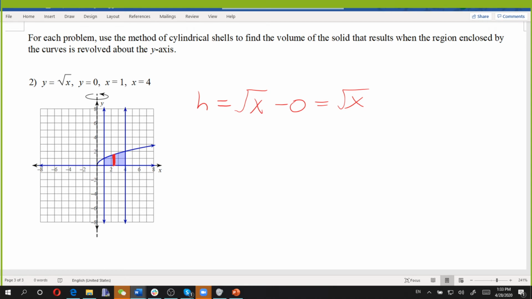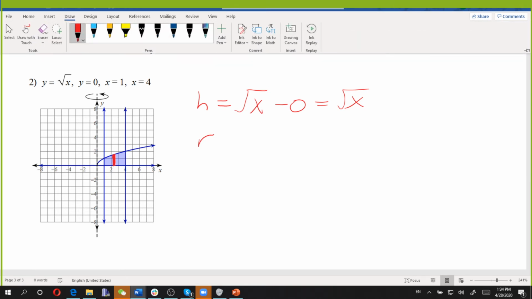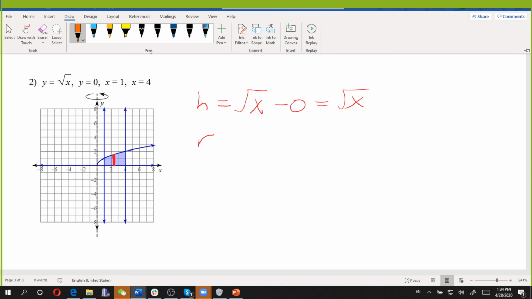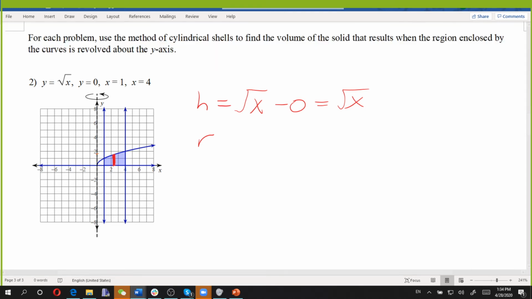Okay, then I'm going to start looking at x values for my radius. I forget what color we used last time, so I'm going to steal orange. My radius is my distance from the axis of rotation to wherever we are right now, so in this case, to our x value.